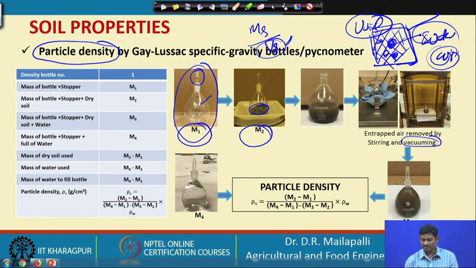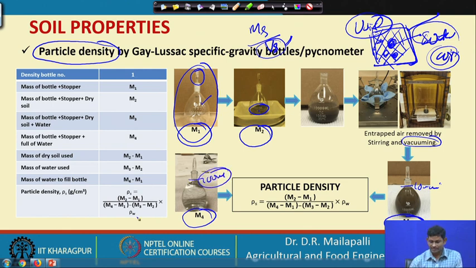Then make it up to 1000 ml. So, find out M3. So, you have M1 with the empty bottle, M2 with some soil inside, and M3 with soil plus water. And M4 is completely water up to 1000 ml.